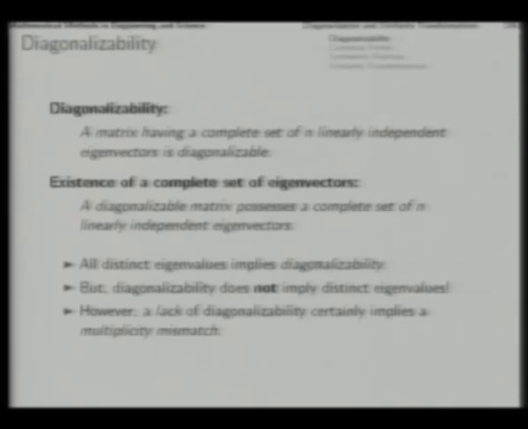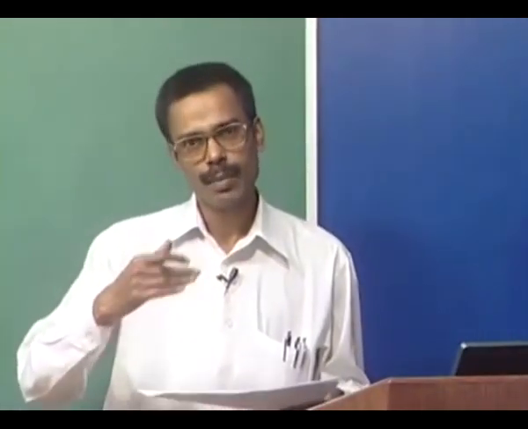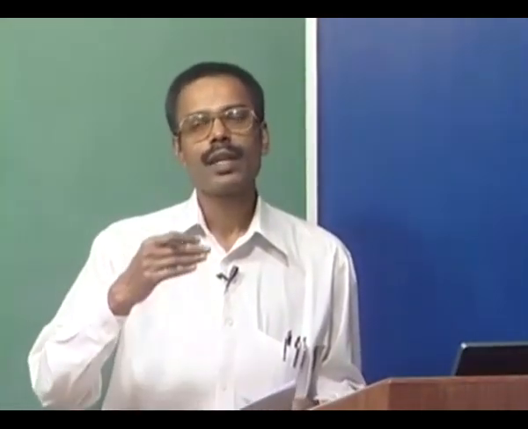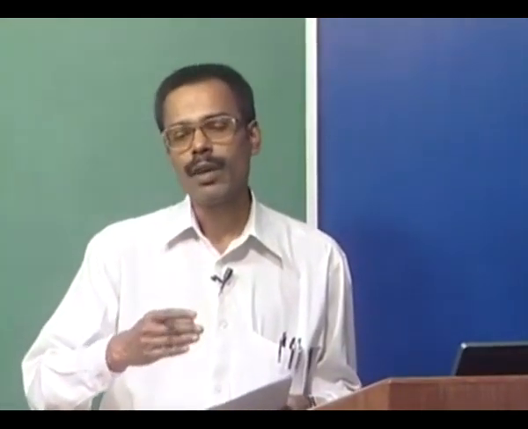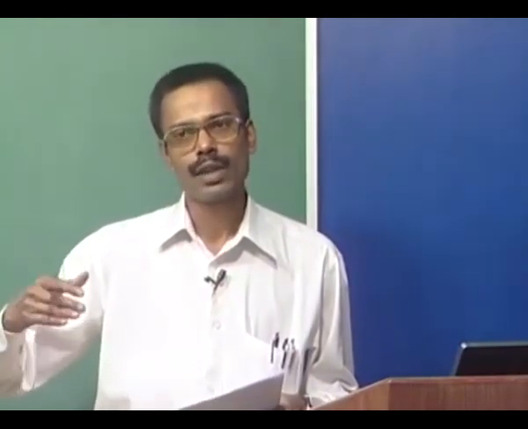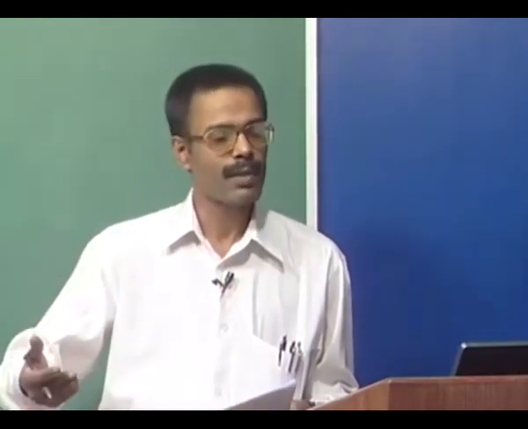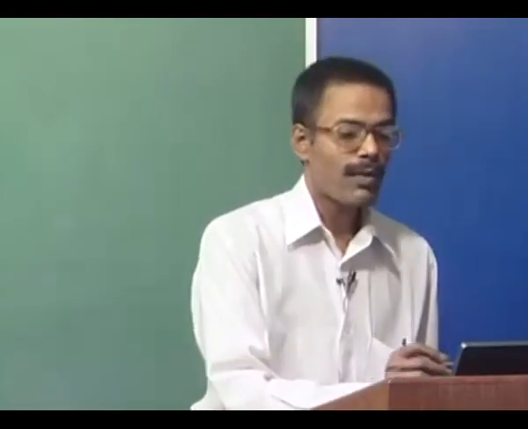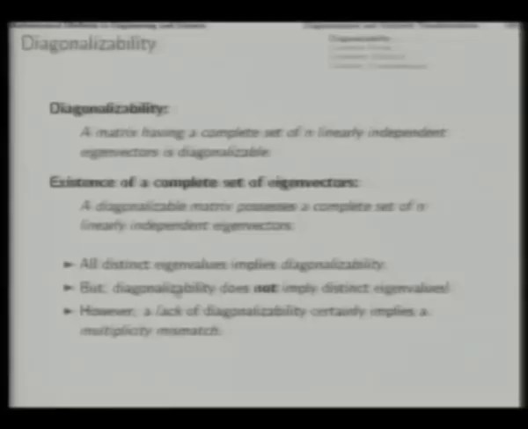But on the other side, diagonalizability does not imply distinct eigenvalues, because it is possible that the matrix is diagonalizable even with repeated eigenvalues. In that case, a repeated eigenvalue will have as many eigenvectors associated with it as its algebraic multiplicity. So, from diagonalizability we cannot conclude distinct eigenvalues, but from distinct eigenvalues diagonalizability can be directly concluded.